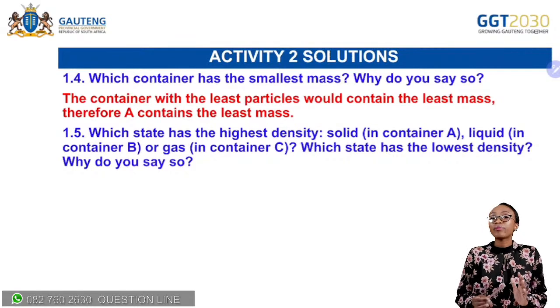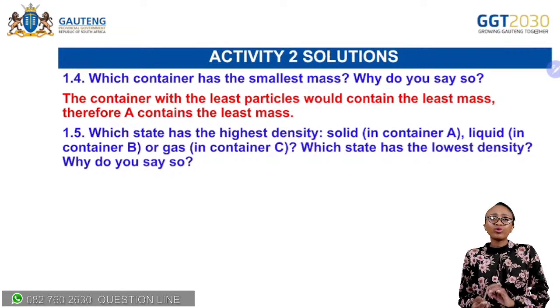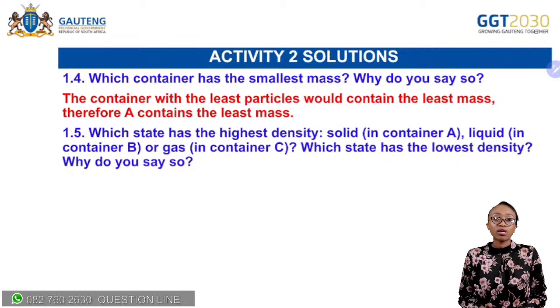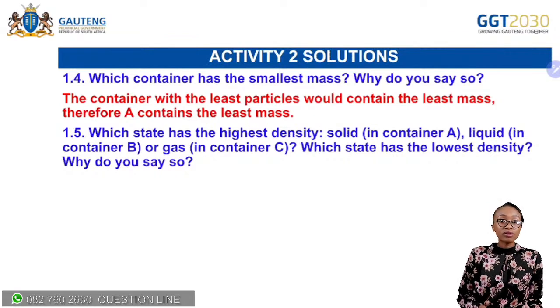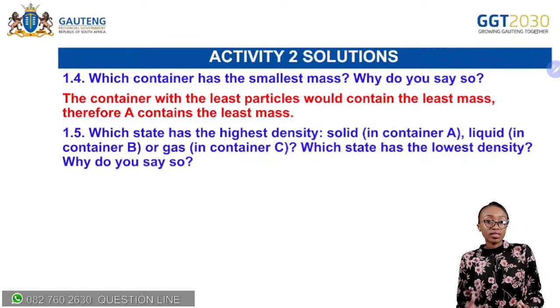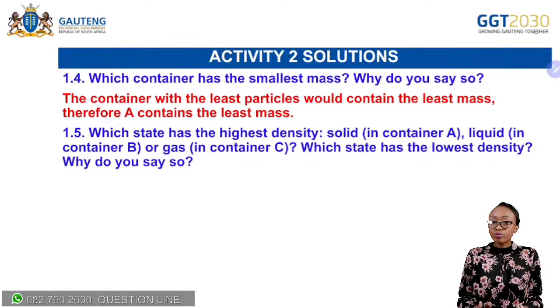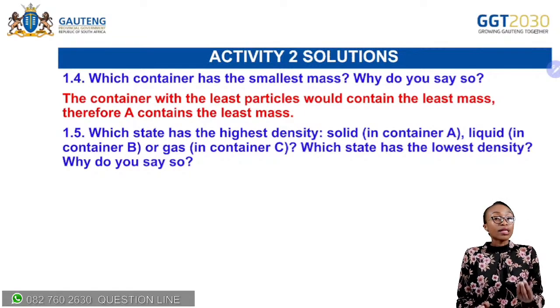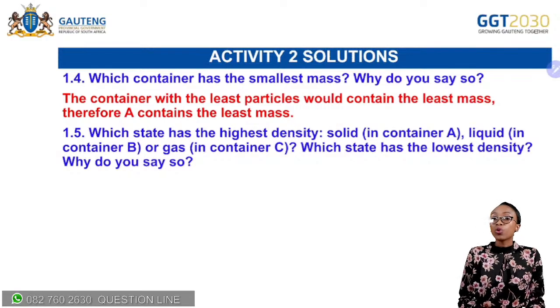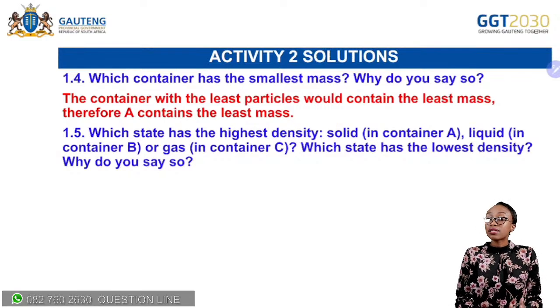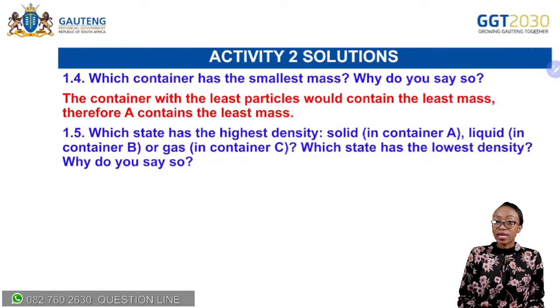If you remember the diagram, you could literally count 1, 2, 3, 4, 5 gas particles. The more the number of particles, the greater the mass, which also means that the fewer the number of particles, the smaller the mass. So container A, which is the gas, has the smallest mass.